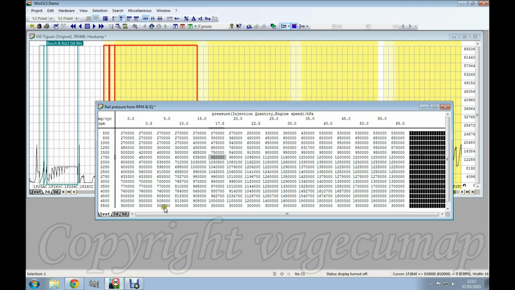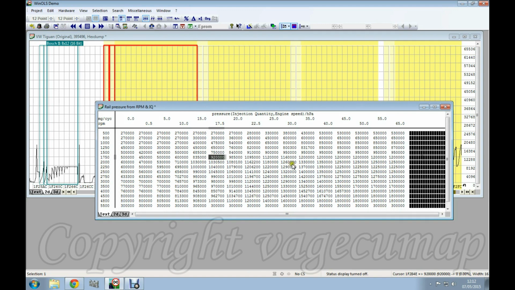Once we hit that point, the valve that controls the amount of pressure is just going to say no, that's it, and it's going to reduce the pressure, relieve the pressure, and now the engine will not be able to carry on revving any higher, producing any more power. So we've got a sort of emergency cut-off point at that point. So it's a very handy thing to protect the pump basically, but obviously it's going to protect the engine as well at the same time. So it's a very handy thing to have in there.